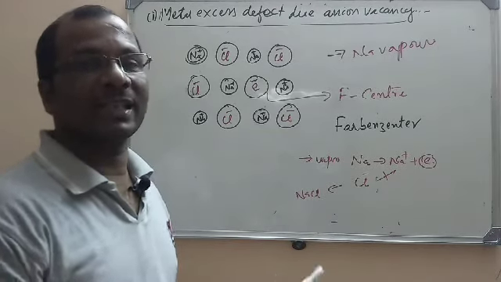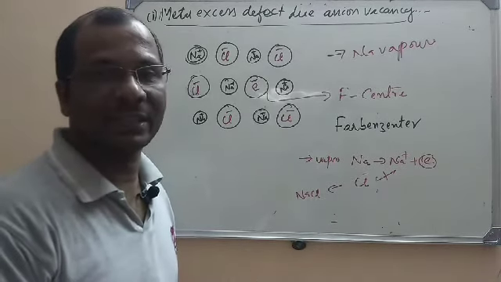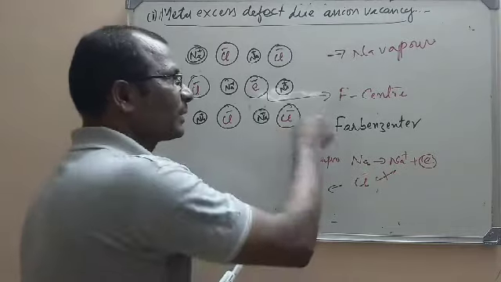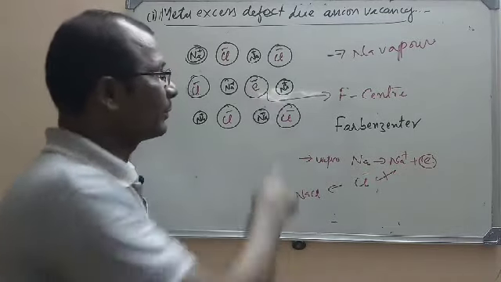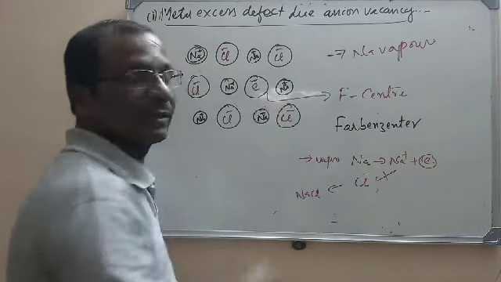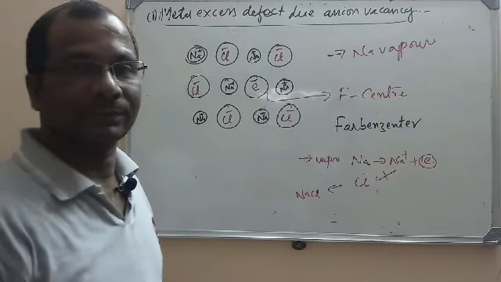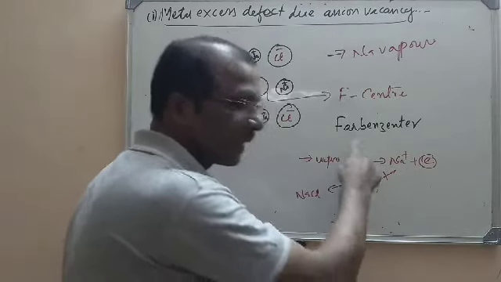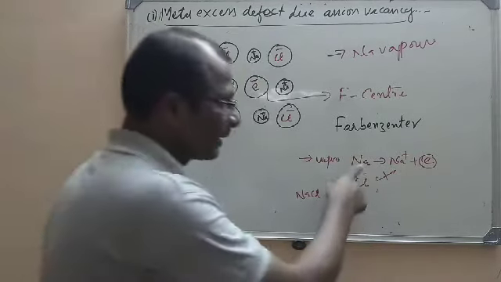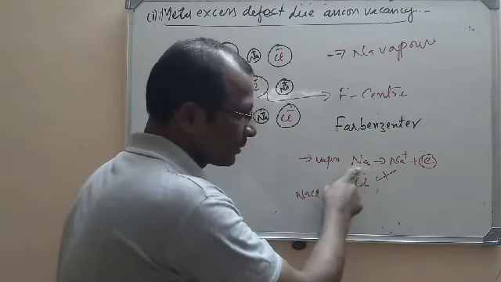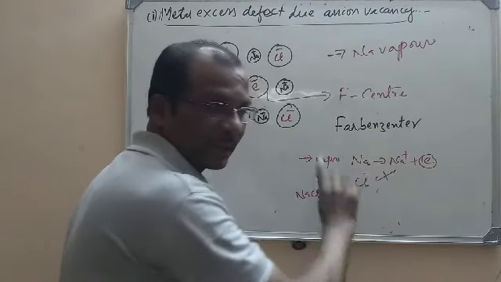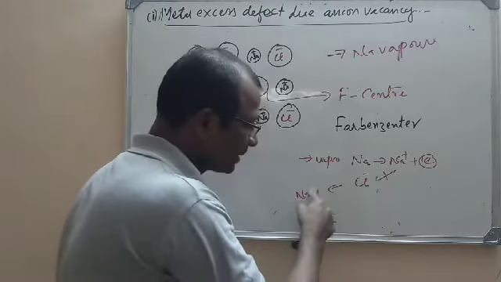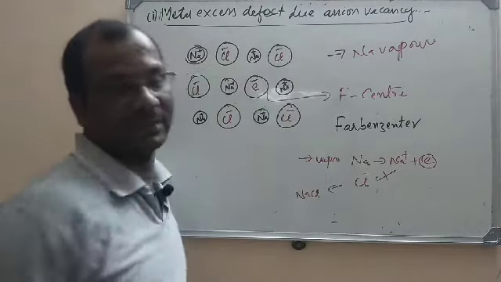So the Cl minus ion moved onto the surface of the crystal and a hole is formed. That hole is occupied with the electron. Now you know where the electron has come from. It has come from the sodium atoms of the vapor, which lost an electron to become Na plus. That Na plus has combined with the Cl minus taken from the crystal.